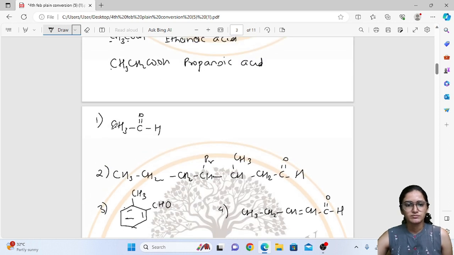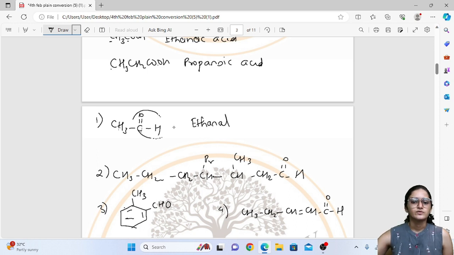So the first compound is CH3, C double bond O, H. The IUPAC name of this will be ethanal. Since we have two carbons and the CHO aldehyde group is present, the suffix will be al and the name will be ethanal. This is very easy.